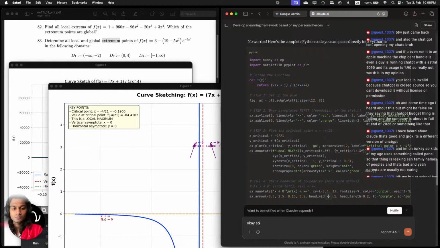Okay, so I have two graphs with me right now.